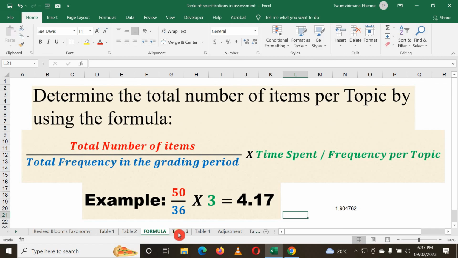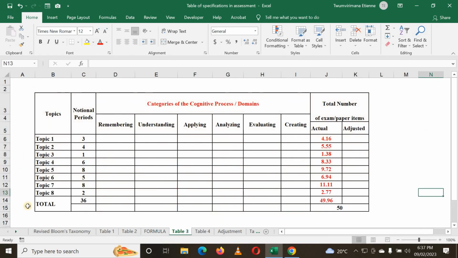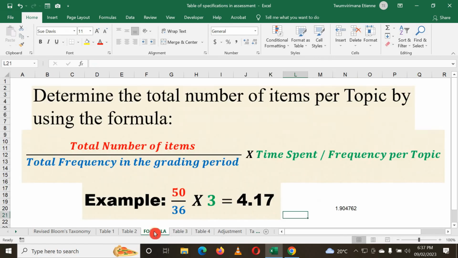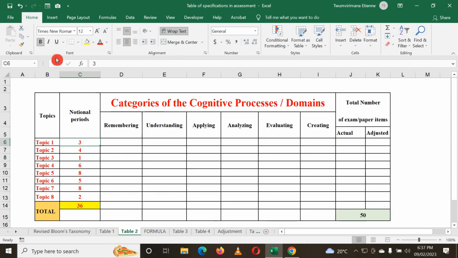We're just going to be together in table number 3. You can see I have now calculated all the questions to be asked using that formula. You remember that? I have explained the formula: periods, number of questions, and here the total number of periods.